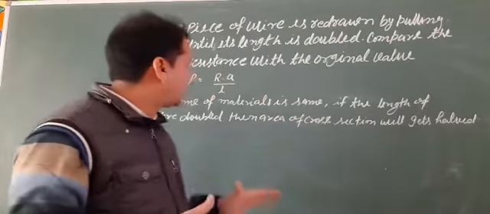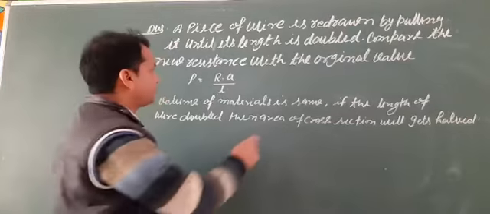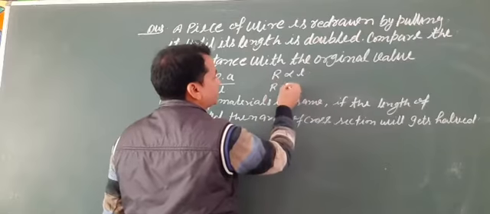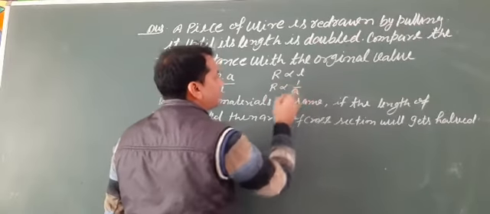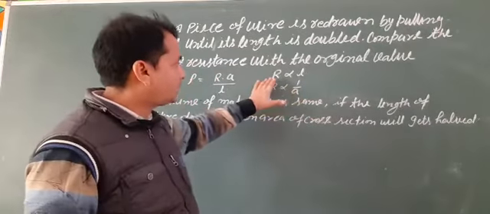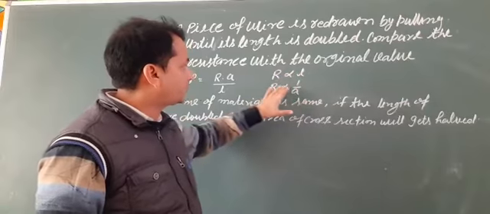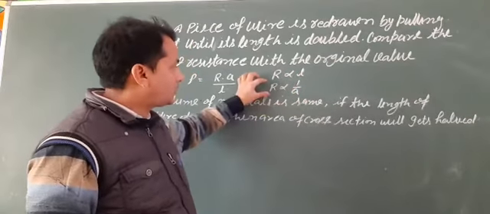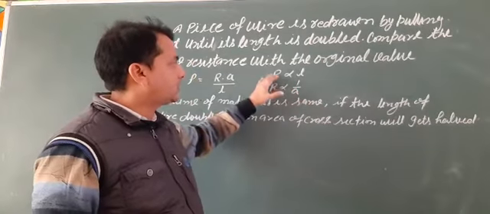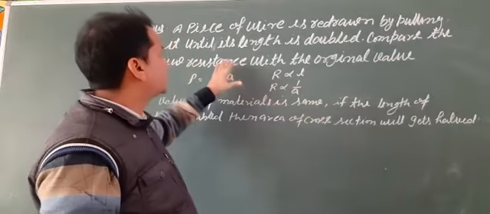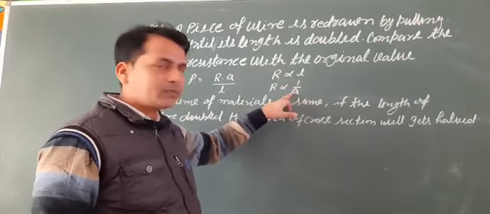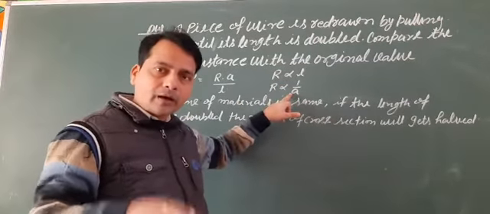So it is clear that R is proportional to L and R is proportional to 1 by A. Resistance is inversely proportional to the area of cross section and directly proportional to the length of wire. So in this question the length of wire is double, so the area of cross section will also get half.